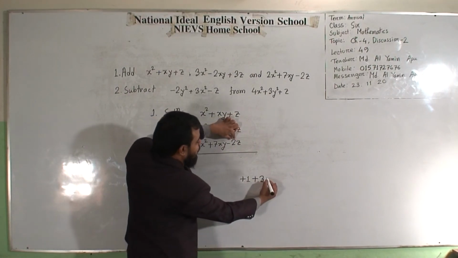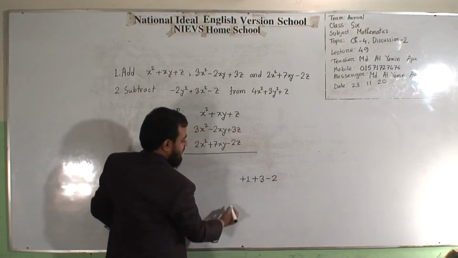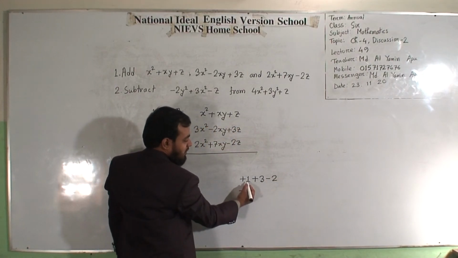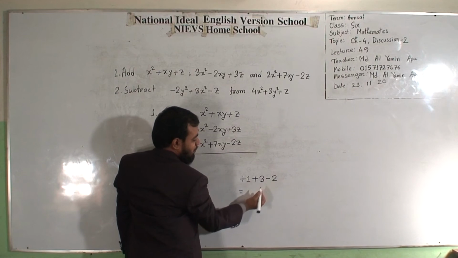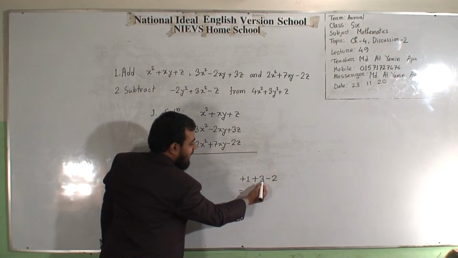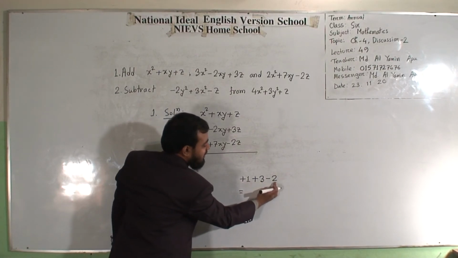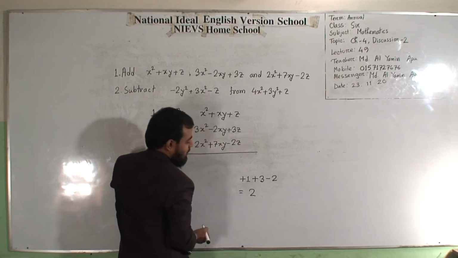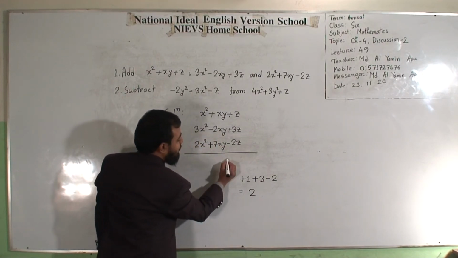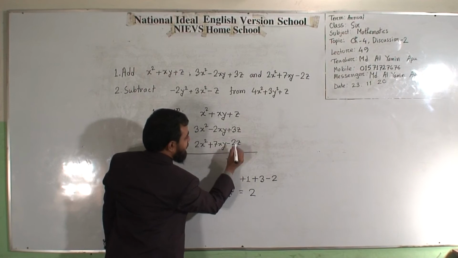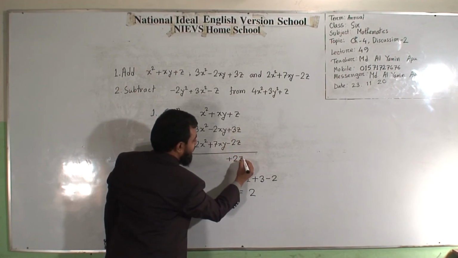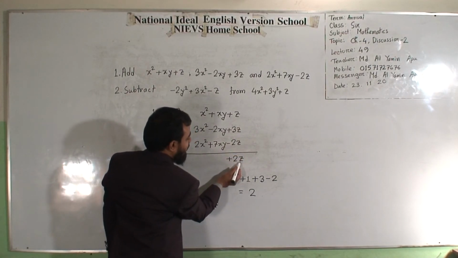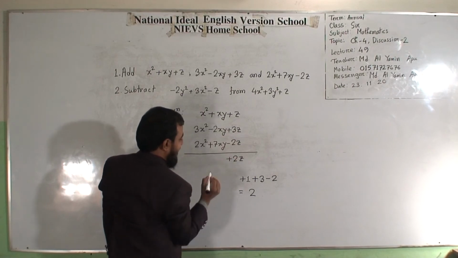So minus 2 will be our third numeral. Now we have to add plus 1, plus 3, minus 2. So it will be how much? Plus 1 and plus 3 makes 4. 4 minus 2 makes 2. That means this is plus 2. We need to write down plus 2z. Okay, the variable is z here. That is why we should write down the variable with these numerals' addition.